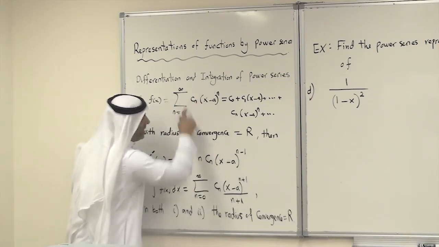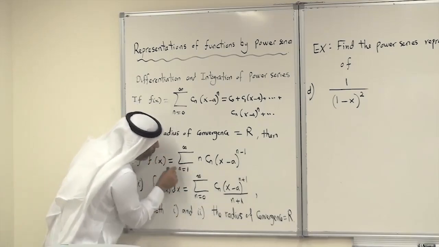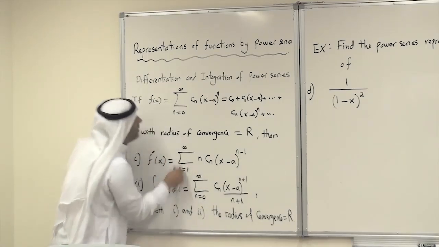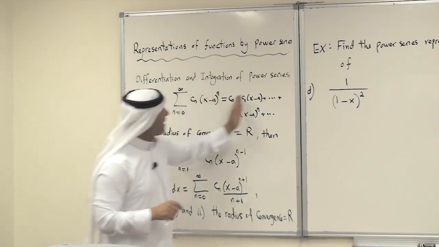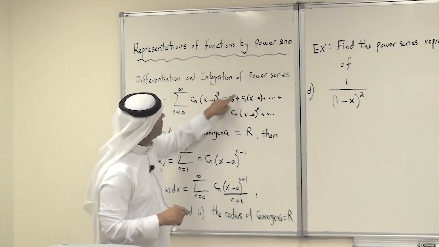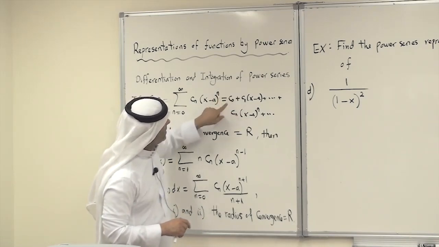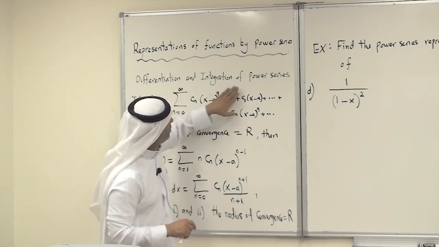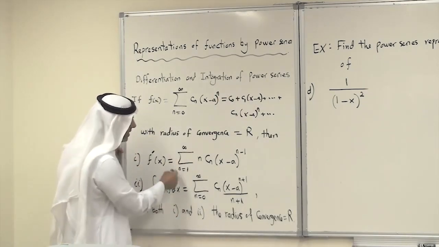So that is n cn (x minus a) to the power n minus 1. Now, why is the index starting from 1, not from 0? Because when you differentiate the right-hand side here, c0 will disappear. The derivative of c0 will be 0, the derivative of this would be c1. So the counting now will start from what?